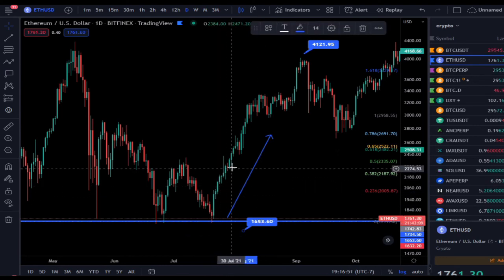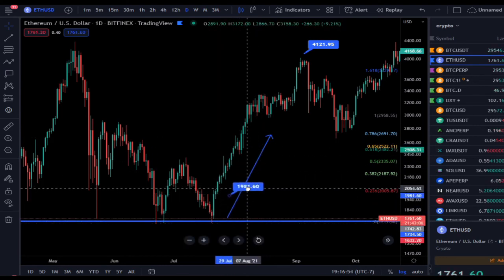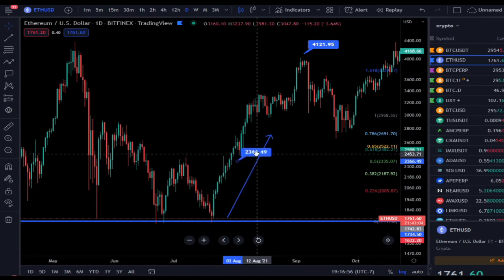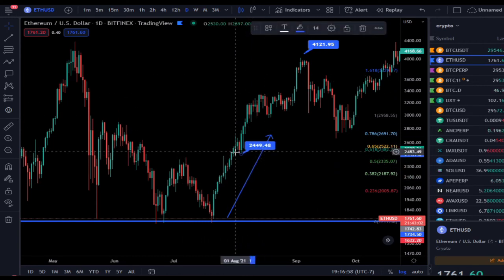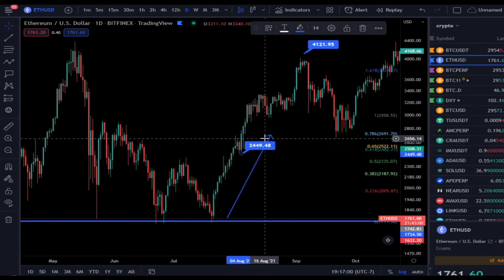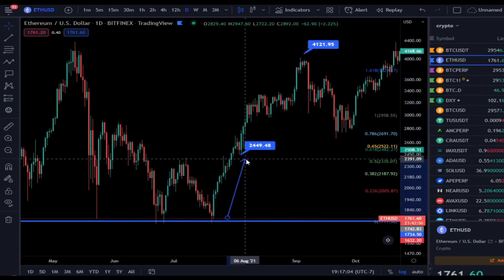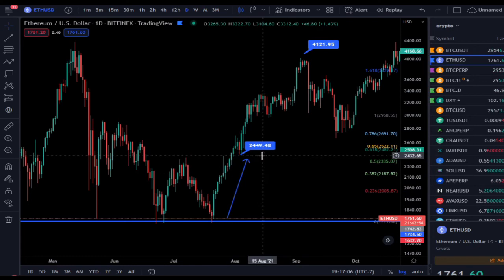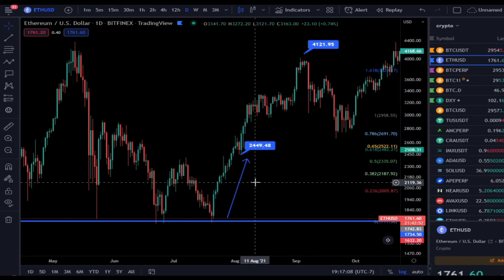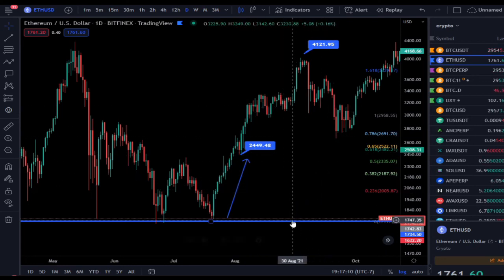And as this green bar is going up and up and up, I just move my stop loss up with it, up with it, up with it. And when it comes back down and it hits my stop loss, well, I may not have made all the money all the way up to here, but I got to take it from here all the way up to here with zero risk, right? Because my stop loss was just steadily moving up as the price was moving up. So trailing stops can be super helpful.